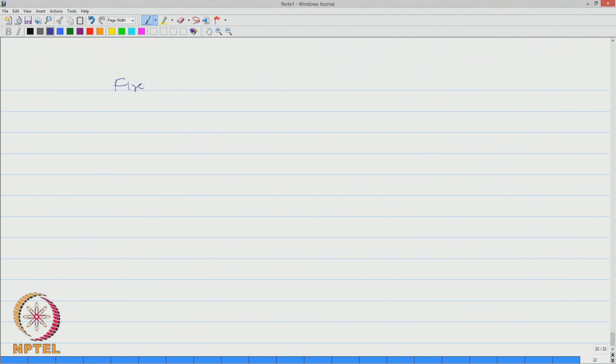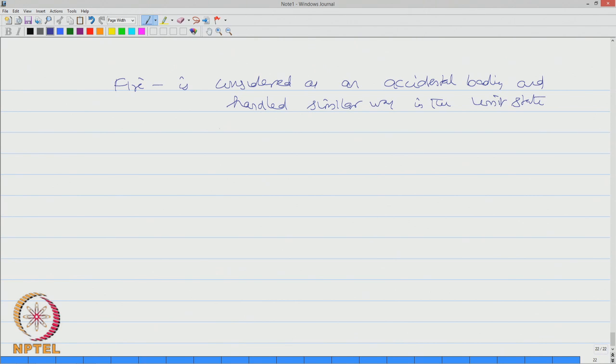Therefore, fire is considered as an accidental loading and handled in a similar way in the limit state design. So, let us extend this study of understanding to what we call fire limit state, which we will discuss in the next lecture.